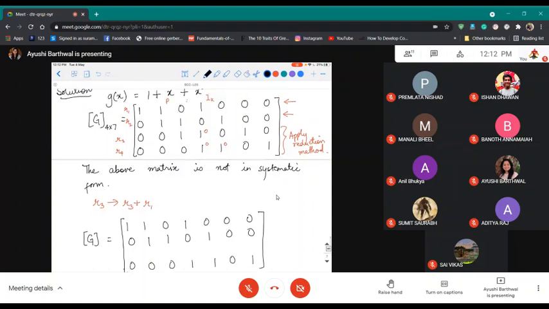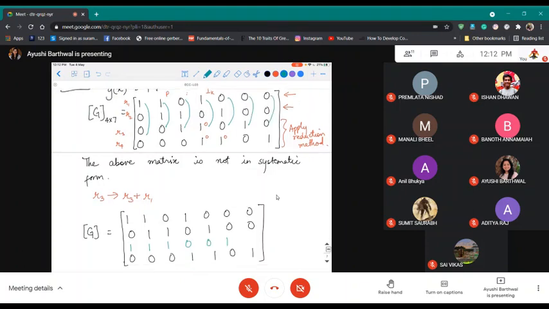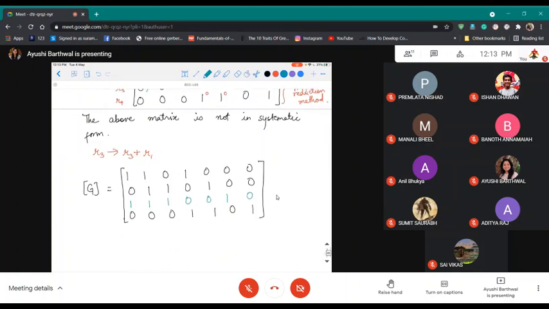We are adding these two rows: 1 and 0 will be 1, 1, 0, 1, 0, 1, 1, 1 and 1 would be 0, and 0, 0, 0, 1 and 0, 0. They will be copied as they are. So our third row is also solved, and it looks similar to the identity matrix. Now we have to apply this matrix reduction method in the fourth row.